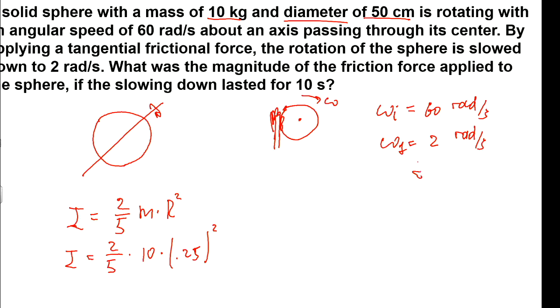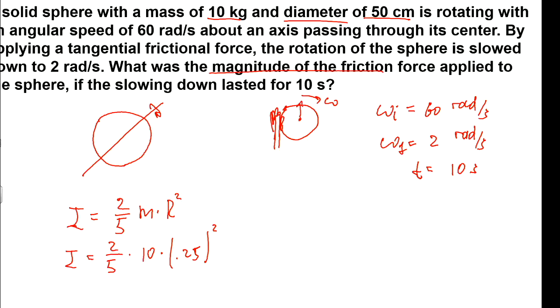And the time to slow it down from 60 to 2 was equal to 10 seconds. So what are we looking for? Okay, the magnitude of the force which was used to slow it down.